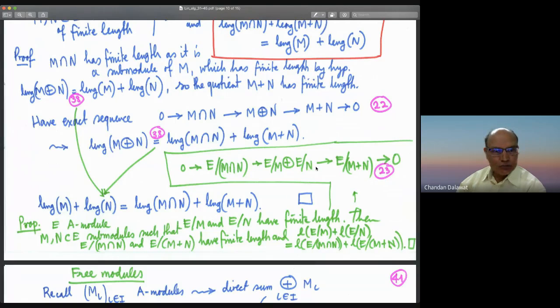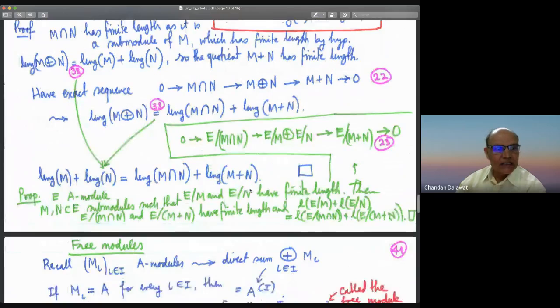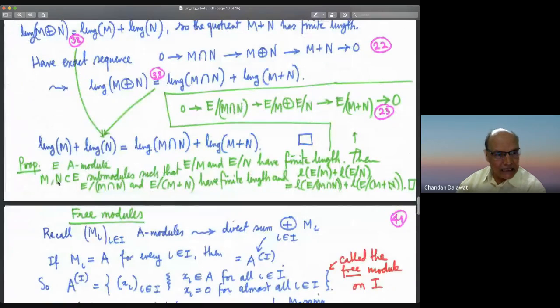So this allows us to prove in exactly the same fashion that if I have two submodules M, N of an A module E, and if E modulo M and E modulo N have finite lengths, then E modulo M intersection N and E modulo M plus N also have finite lengths, and you have this relation between the lengths. I've written little l for length, but this relation follows exactly as before from this short exact sequence.